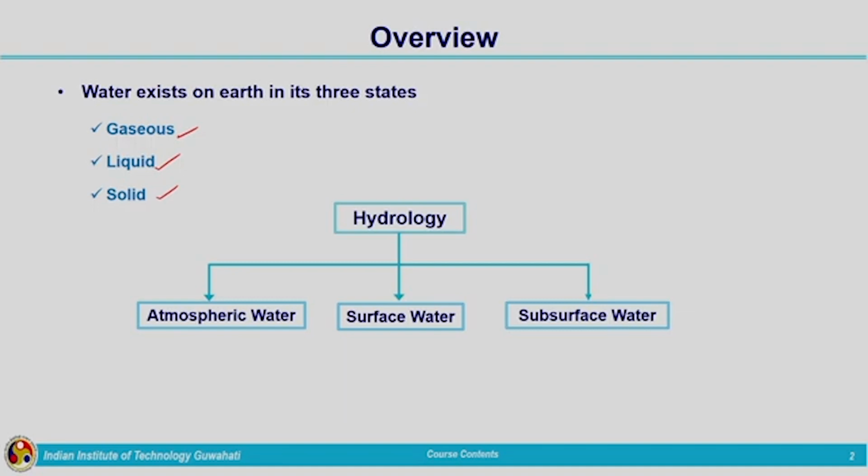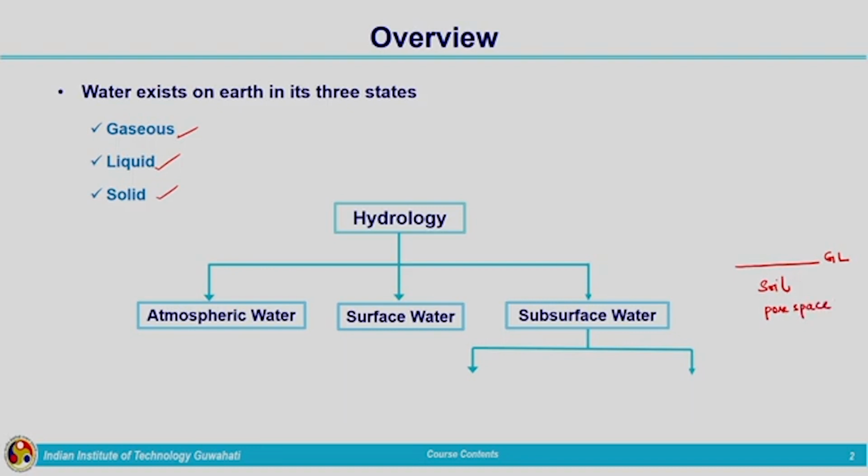And when we talk about subsurface water, it is again divided into two parts, that is beneath the ground level. If we are considering, we have soil present. This soil consists of pore space.